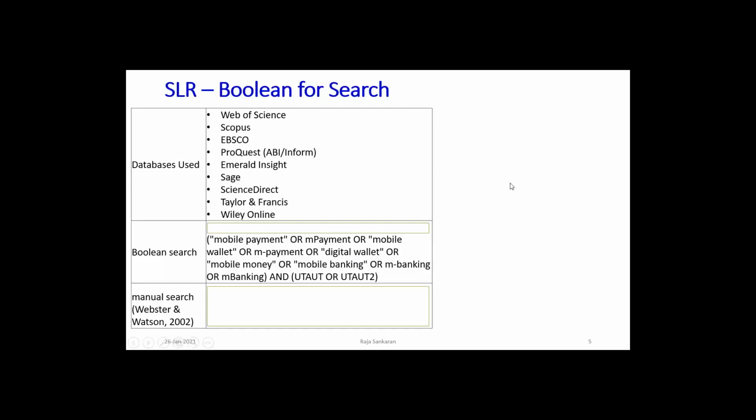The next step would be about the manual search. As I said, one is making use of these search criteria in various databases which returns the results. There could be a possibility that there are some key papers that, for example, I do have access to, even though the way I have been searching did not return them.